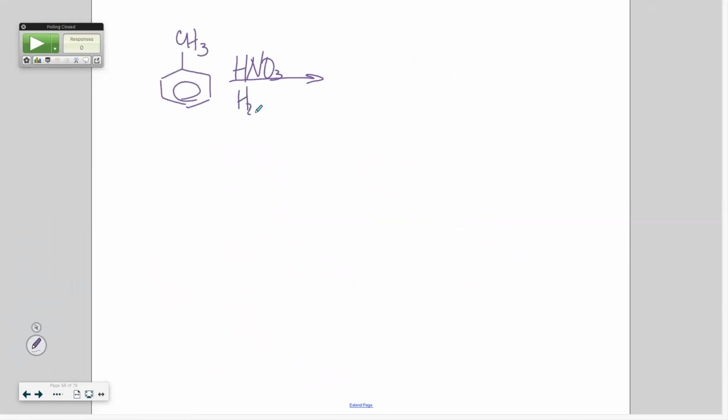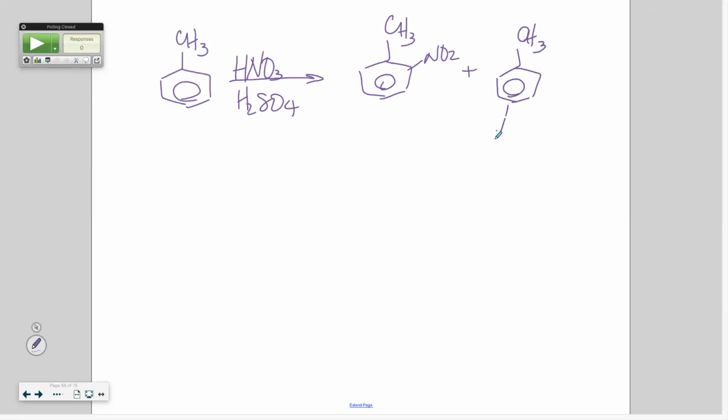Yeah. Okay, now that will give you both the ortho and the para. One nice thing about ortho and para compounds, unlike R and S, is that they can easily be separated. How you would separate them is going to vary depending on what you're making.